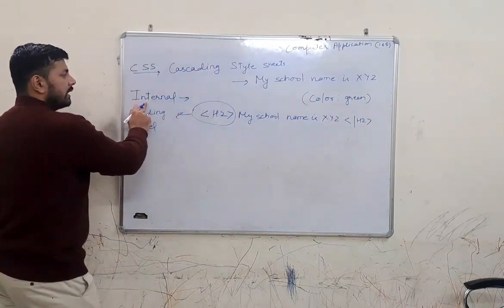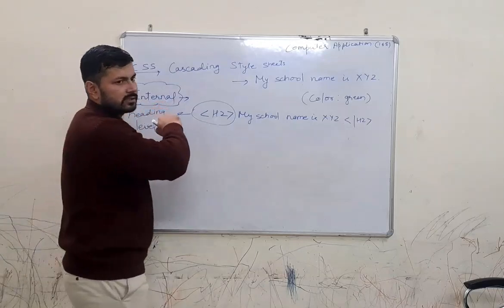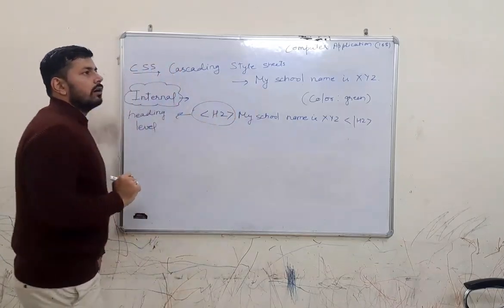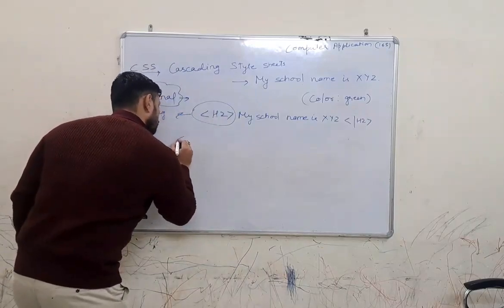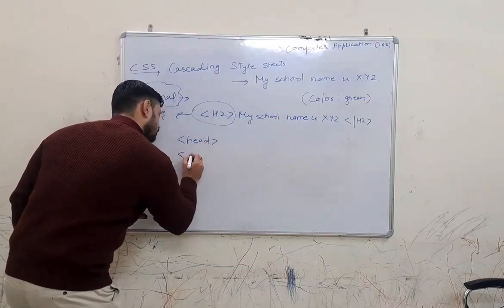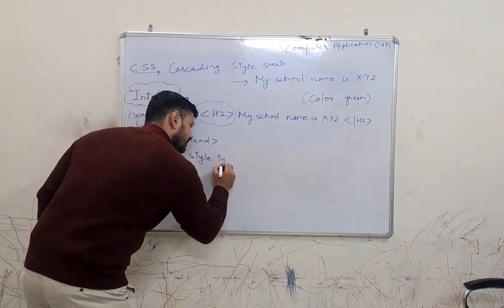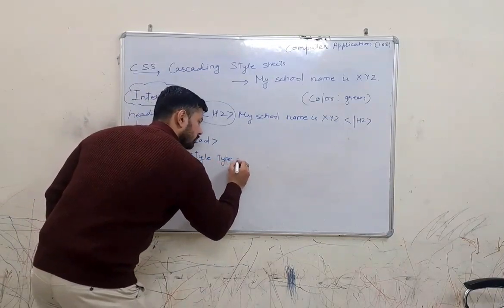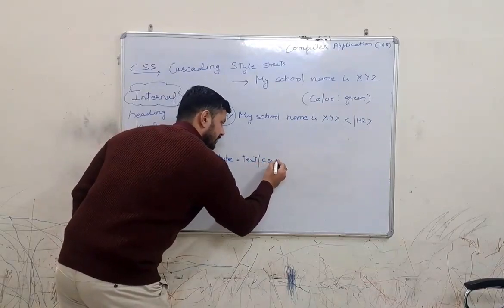Where can we add internal CSS in HTML? As I explained earlier, inside the head tag only. So we start like this: head tag, then style tag, then the type of the style tag, text/css.